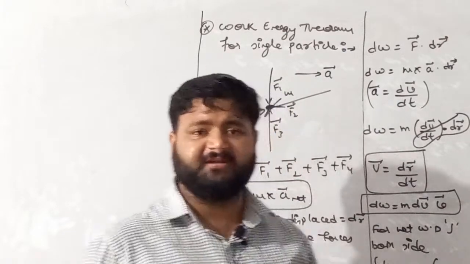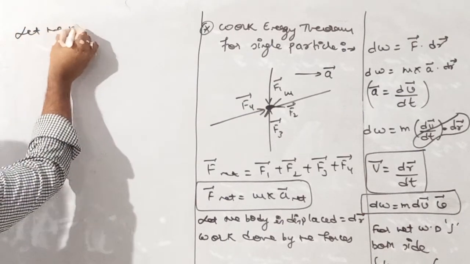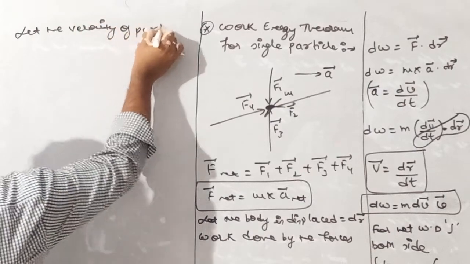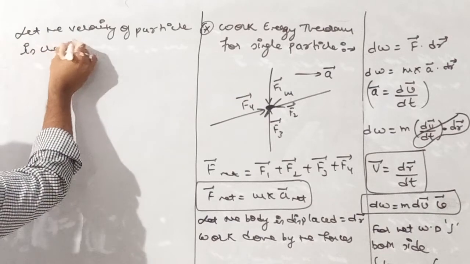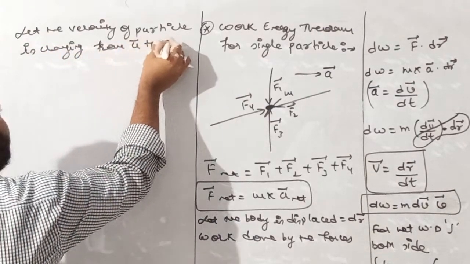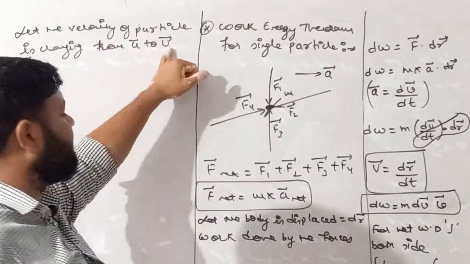The last term is change in velocity. So let's suppose I am considering that the velocity of the particle is changing from u to v. I am considering the change in velocity takes place from u to v.